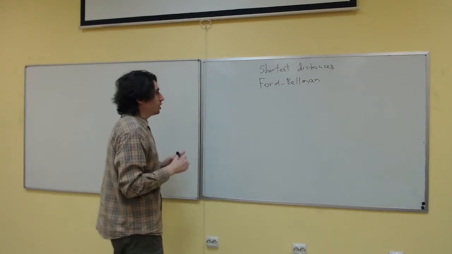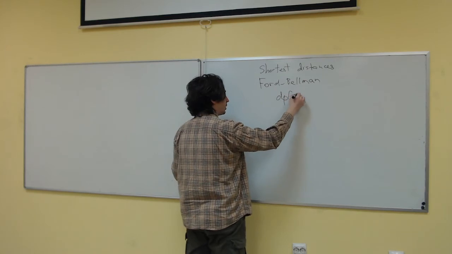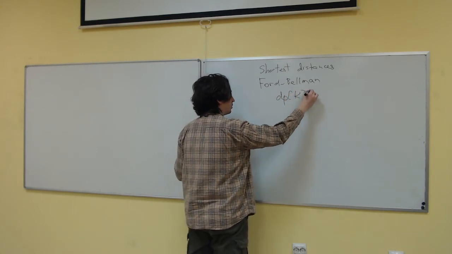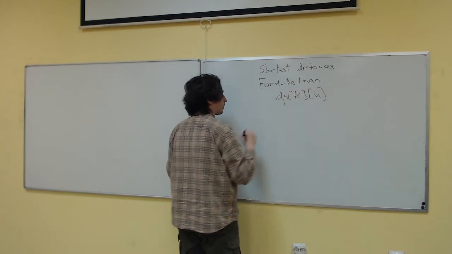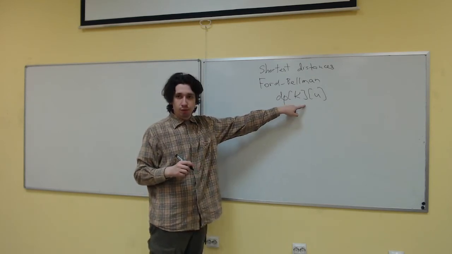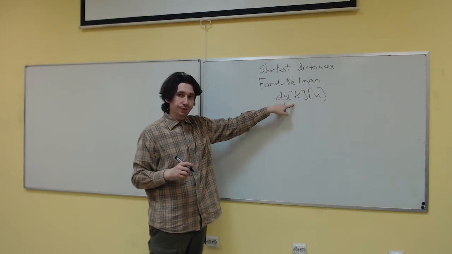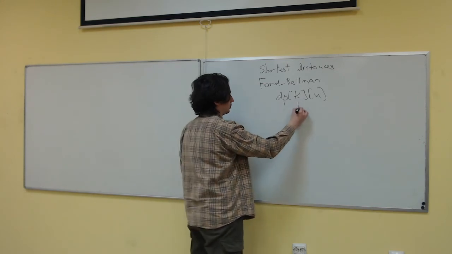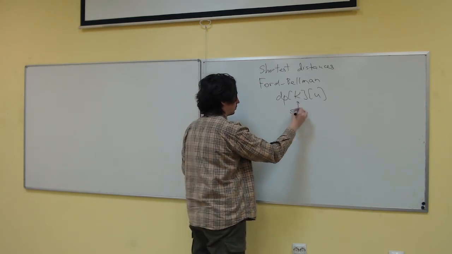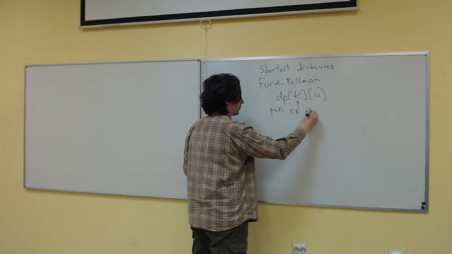What it will do is calculate a dynamic programming, which is the shortest distance to the vertex u with a path of no more than k edges.